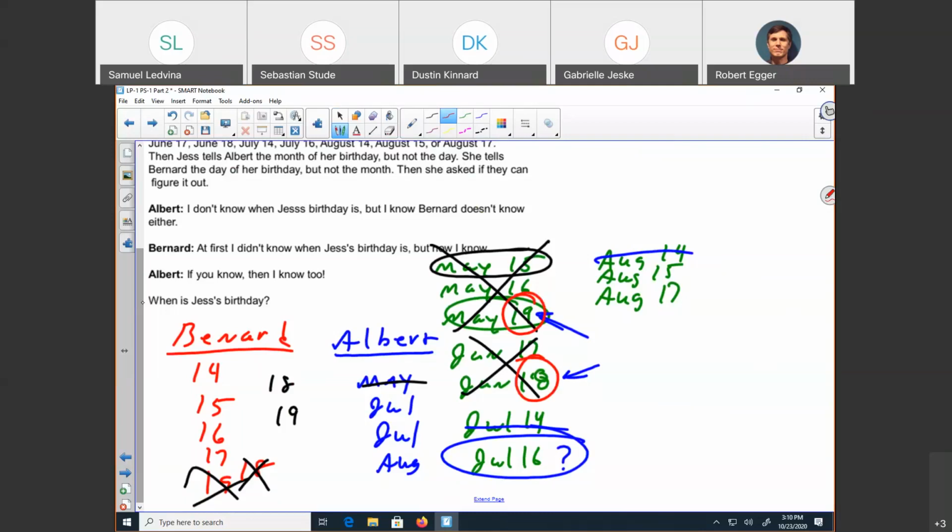If Bernard had been told the 19th, he'd right away know May 19th. So Albert, knowing what month it was, knew it wasn't June or May, and knew it couldn't have been the 18th or the 19th. So we were able to eliminate May and June, leaving July and August dates.